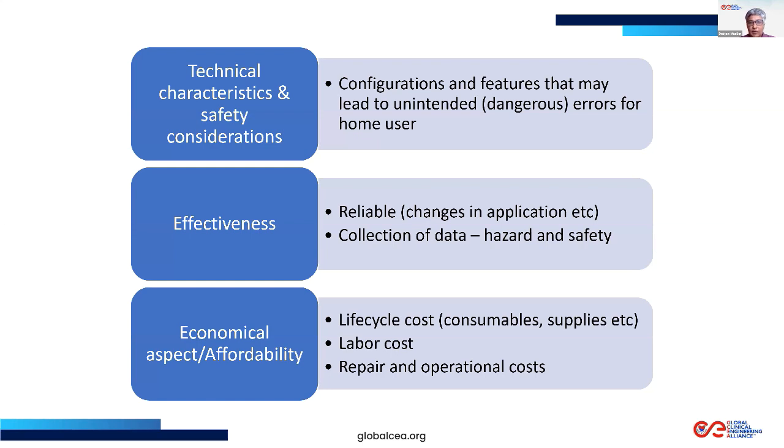So what are the unintended errors, when we think about the home user, that should be included? What needs to be changed in this technology so that it is clinically relevant? We also need data that's collected after it is put into that home environment.